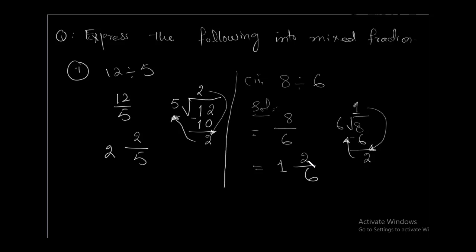Here we can see that 2/6 can again be divided by a table. 2 ones are 2 and 2 threes are 6. So I get the simplest form, and that is 1 whole 1/3. This is the final answer of the question.